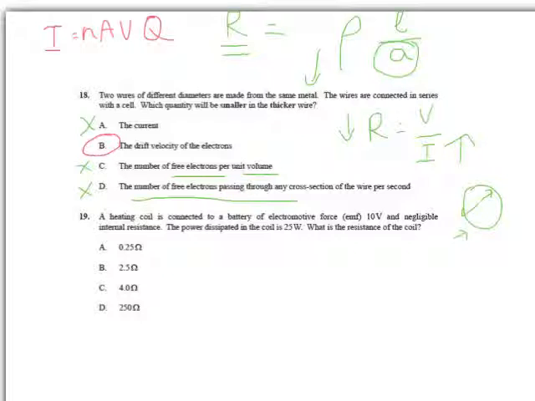So drift velocity, v, is equal to the current over the number of particles, the area, and the charge. So we can see that drift velocity is inversely proportional to area. So it makes sense that it would be B.